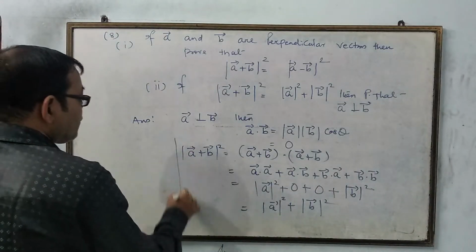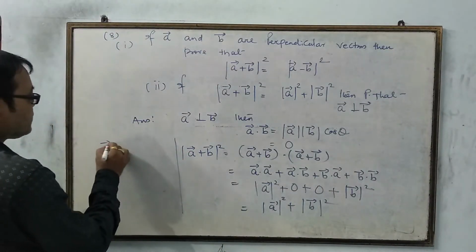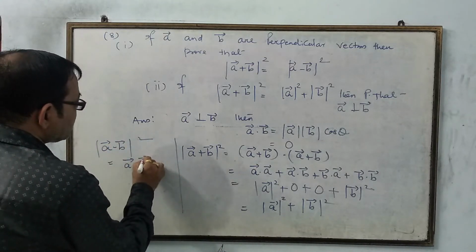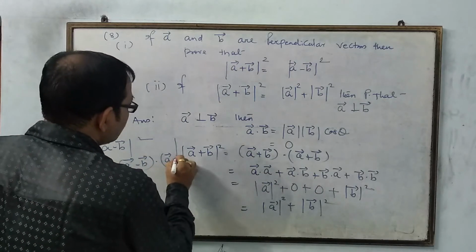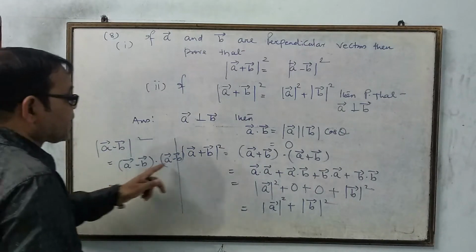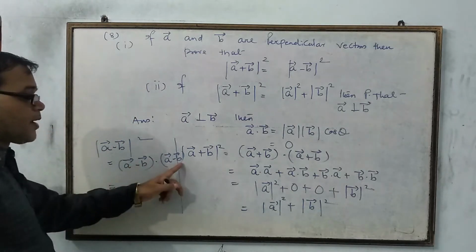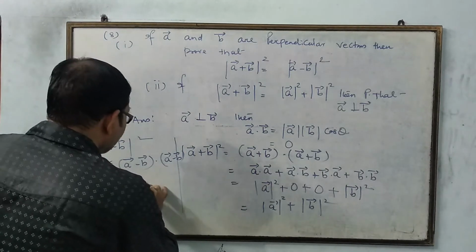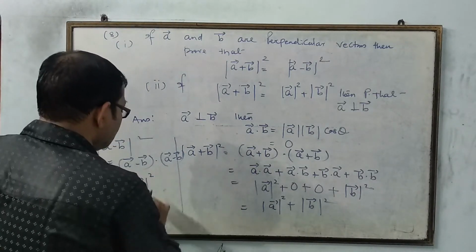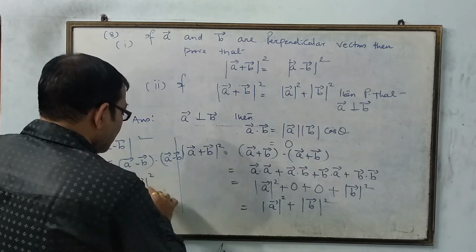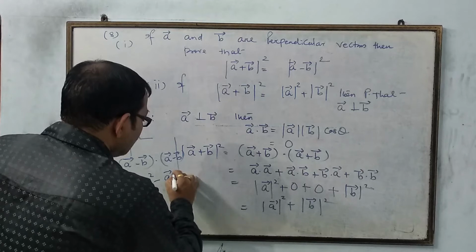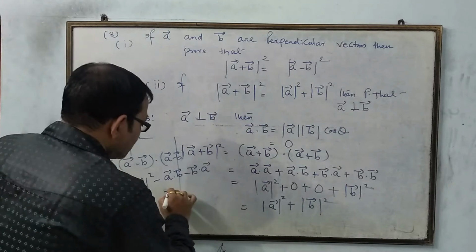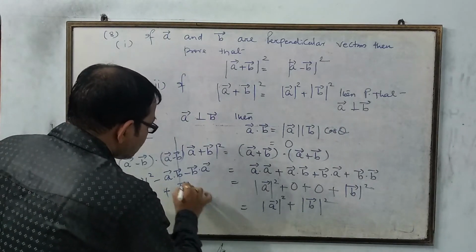Similarly, we can prove for A minus B square, which is equal to A minus B dot A minus B. There also you get A dot A, which is magnitude of A square, then A dot minus B, minus A dot B, again minus B dot A, and minus B into minus B, that is minus minus plus B square.